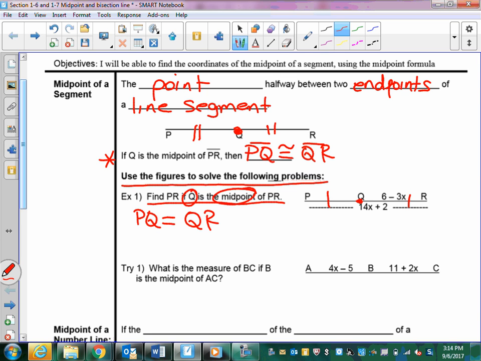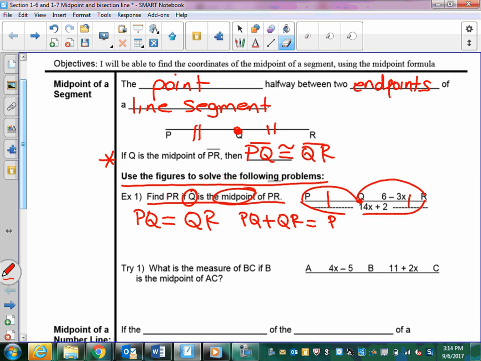And what they gave you is PR is 14x plus 2. Remember last class we did segment addition. When I add PQ plus QR, it should give me the whole thing, which is PR.